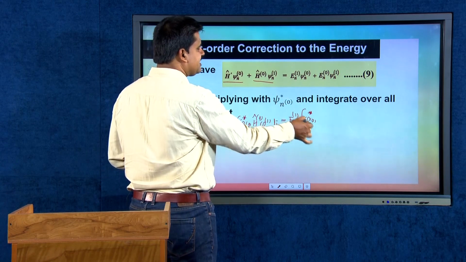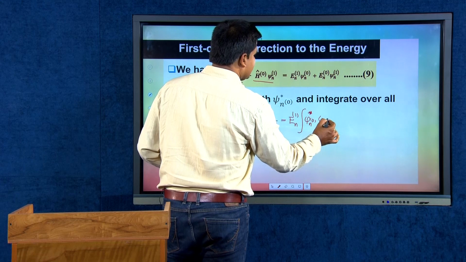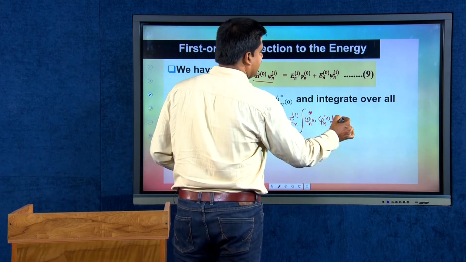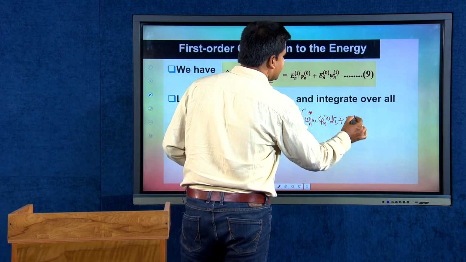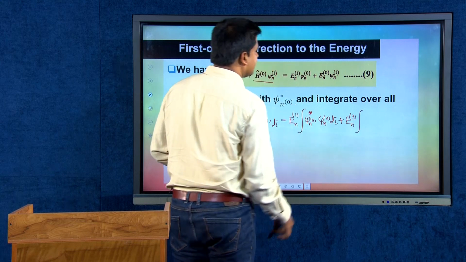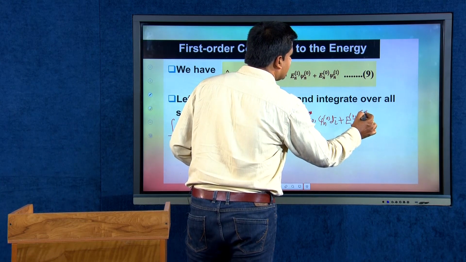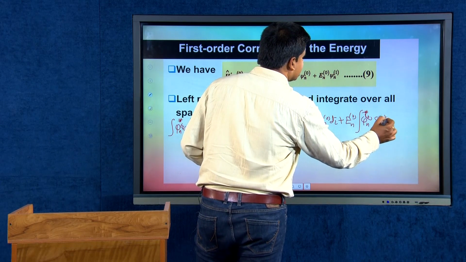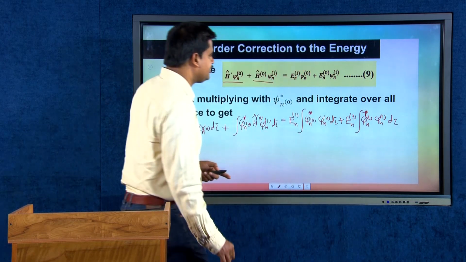For that, I am taking En1 outside the integral sign, and this part will be psi n 0 d tau, and the last term will be changed like this: En0 integral psi n0 star psi n1 d tau.